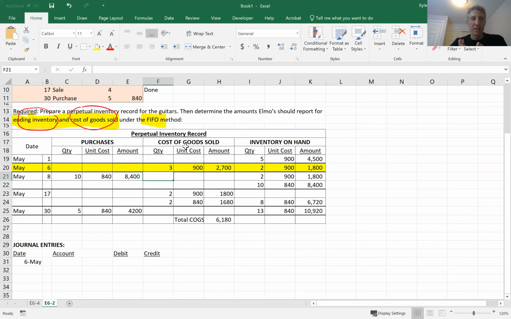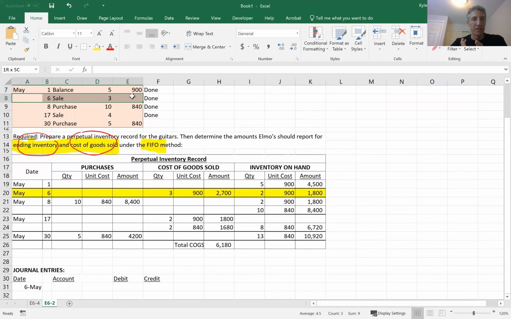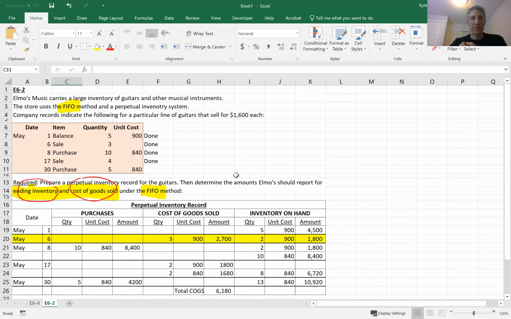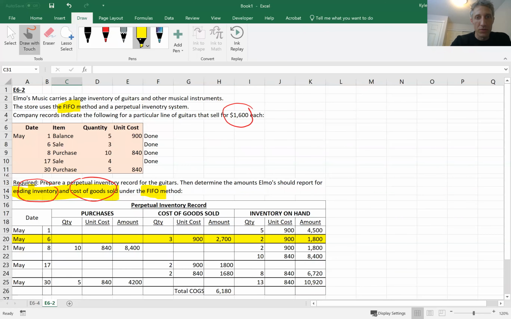I know that we made a sale because on May 6th, it said sale, we sold 3 units. So remembering when we're dealing with inventory, we're going to have to do 2 journal entries, 1 to reflect the sale and 1 to reflect and update our balance sheet amount. The question told us at the very beginning that each guitar sells for $1,600 each. We're going to need that in order to do the first journal entry.